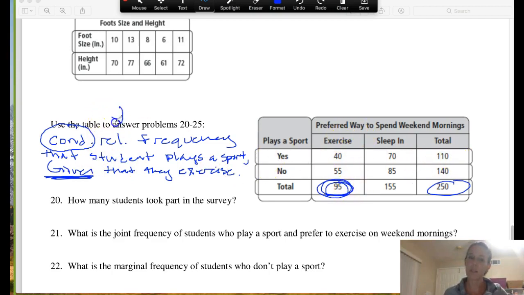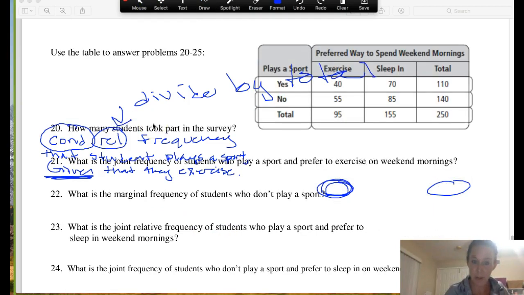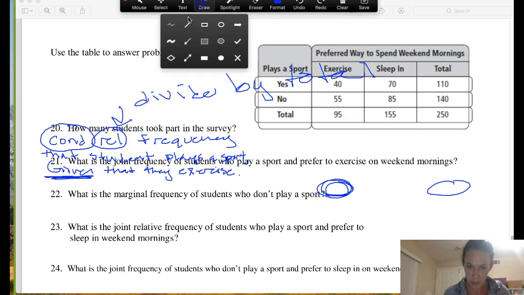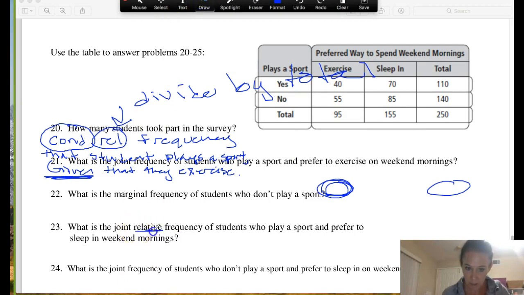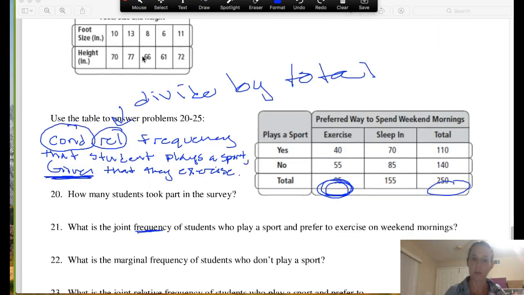So remember, relative means divide by total. Anytime you see a relative in one of the problems, you're going to divide by the grand total, usually. Relative means you divide by the grand total, unless it's conditional. Then you just divide by the column or the row it's in.